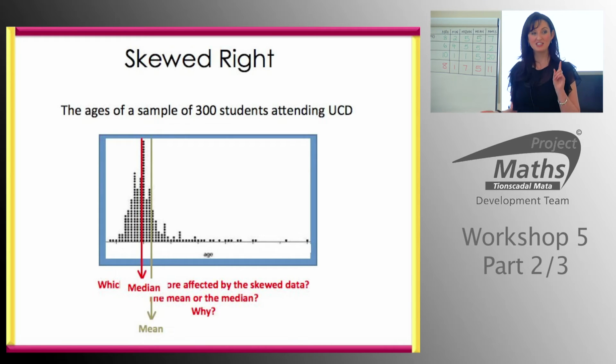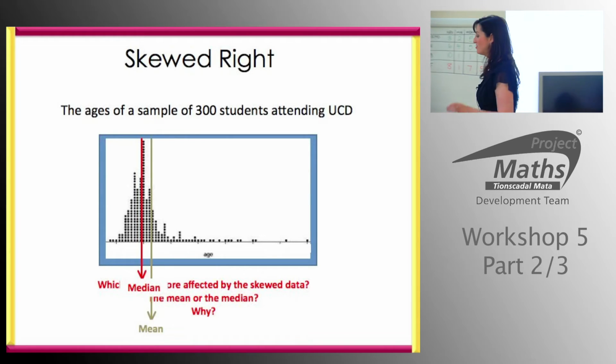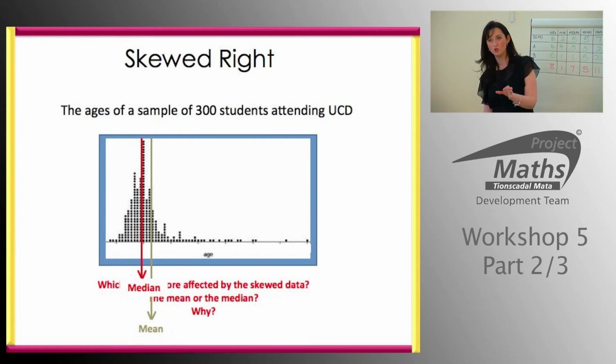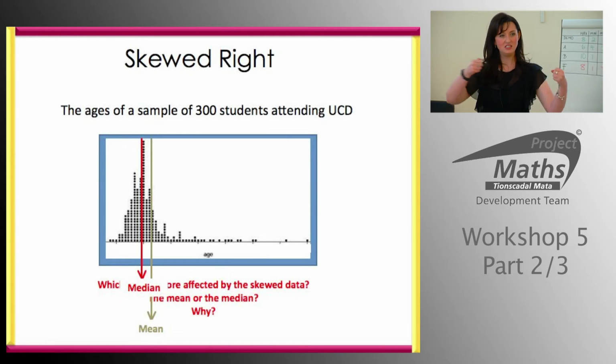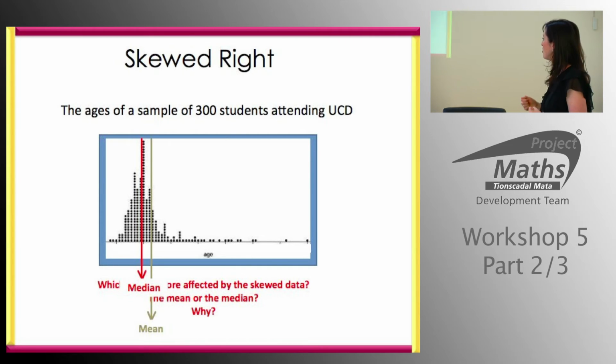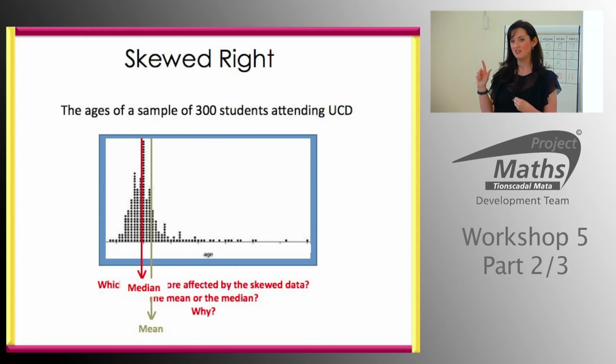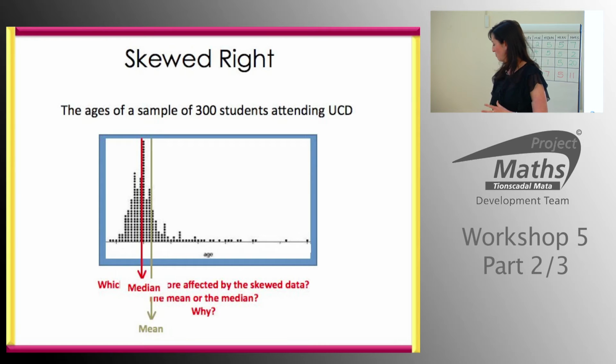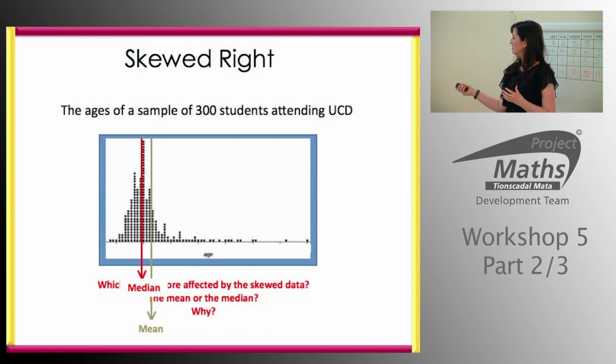Okay. Now what's interesting is that when a distribution is skewed, this is when the mean and the median get separated out. Okay. Now, which do you think is going to be more affected by this tail of data?